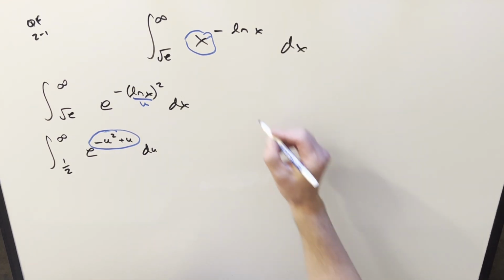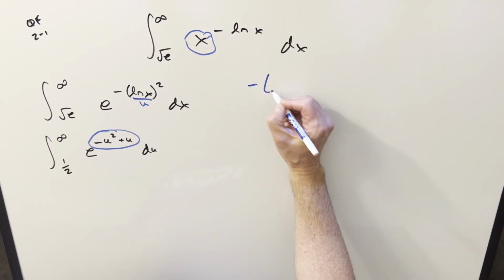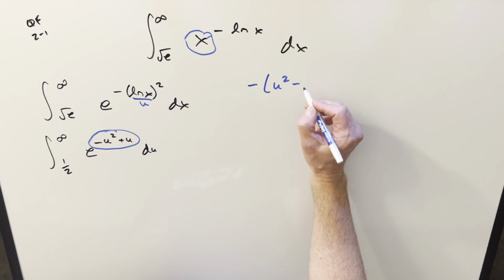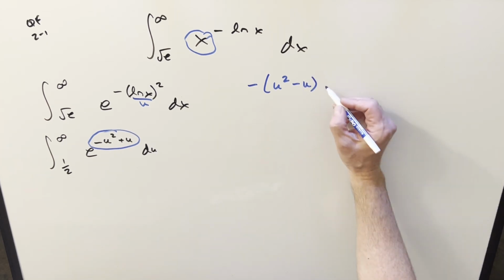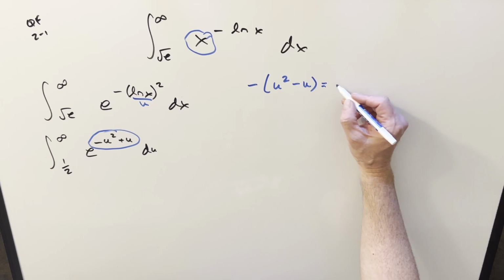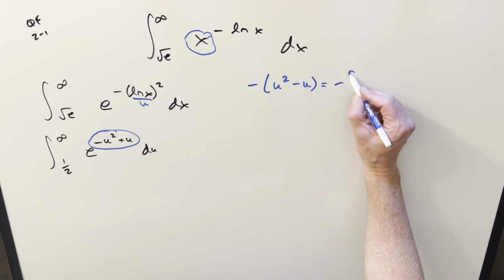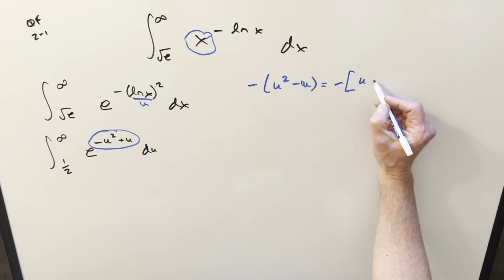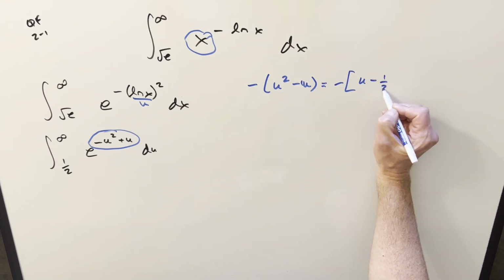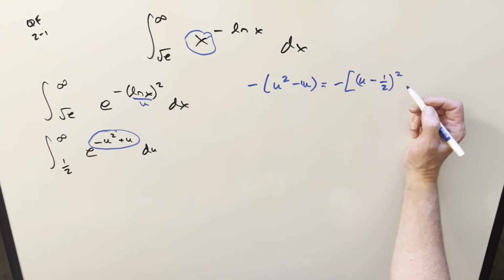So for minus u squared plus u, let's factor a minus up front, and we have u squared minus u. And then I'll complete the square on it so that we'll still have something squared, so we can still try to get back to the Gaussian integral. So completing the square on this, we want half of this exponent, so I'm going to do u minus half all squared.